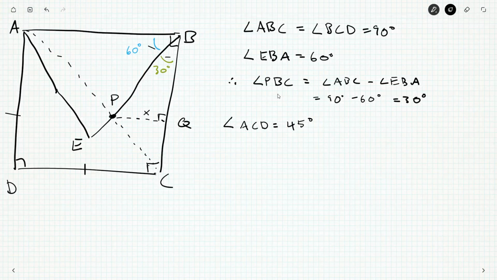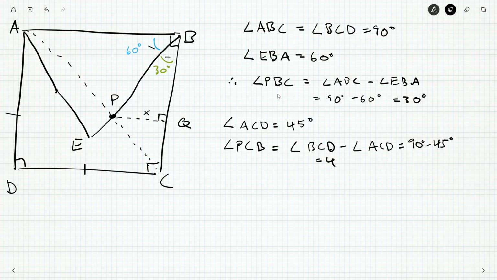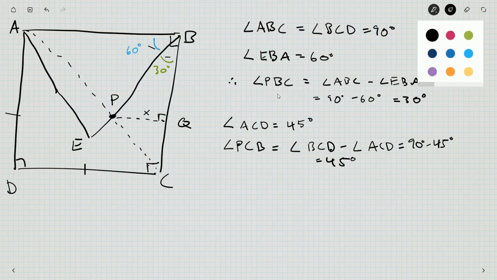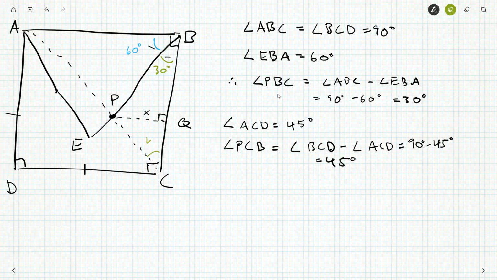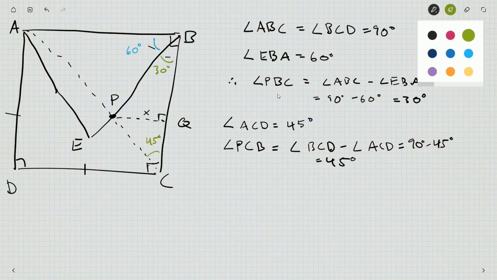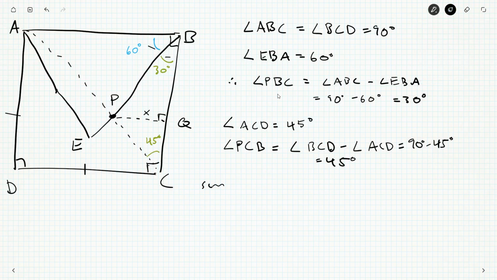So ACD is 45, so PCB is angle BCD minus angle ACD, 90 degrees minus 45 degrees, so we get 45 degrees. And then you could say sum of angles in a triangle is 180 degrees.